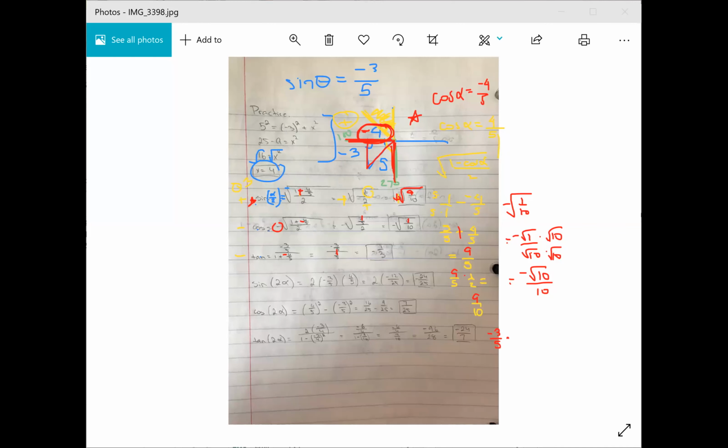You're going to change division to multiplication, and then you're going to flip your 5 over 1. So the 5's cancel out, and this is actually equal to negative 3. So this is going to be equal to only negative 3. That's how you can get that. Are there questions about tangent?